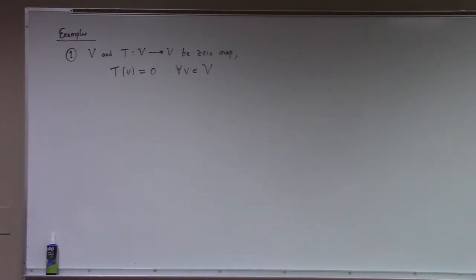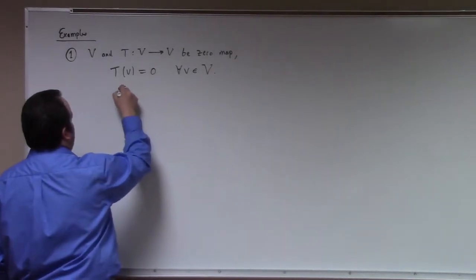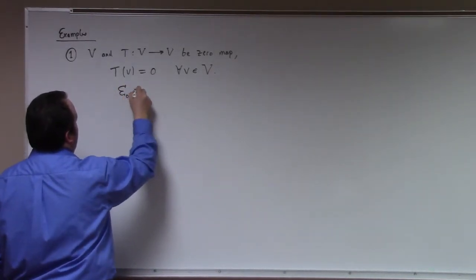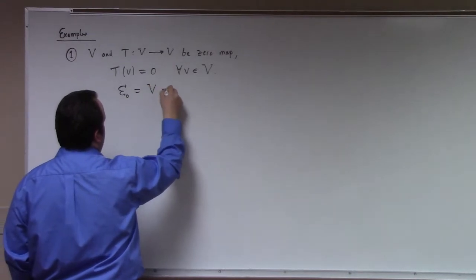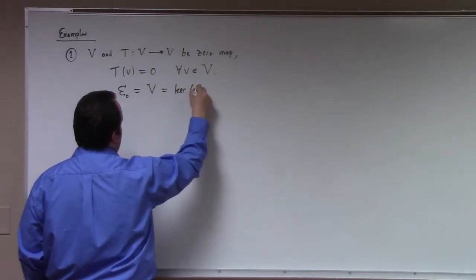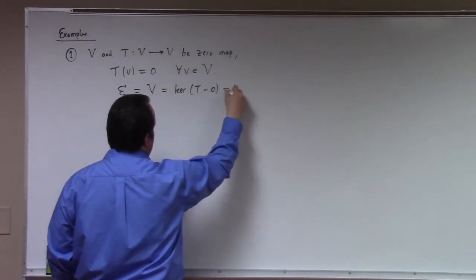So in this case, actually, E sub 0 would be equal to V, right? That's the kernel of T minus 0, aka kernel T.